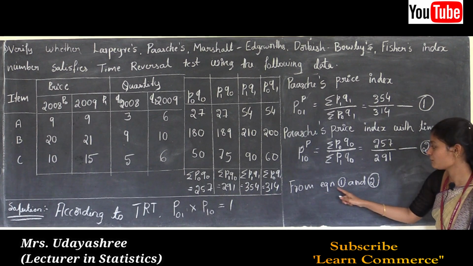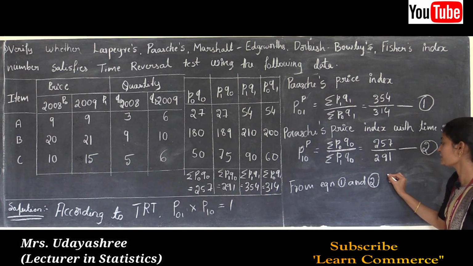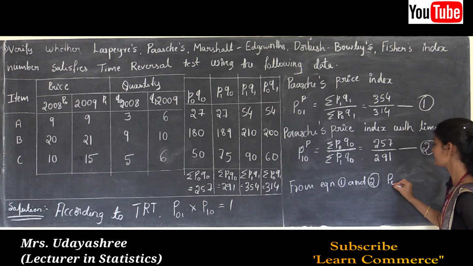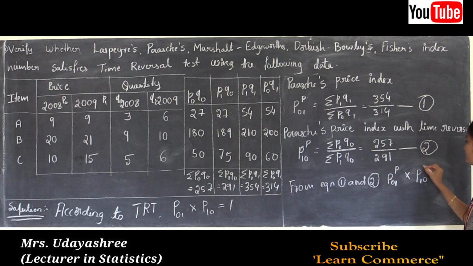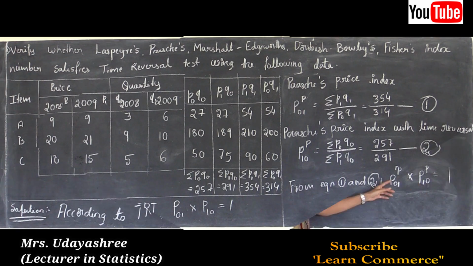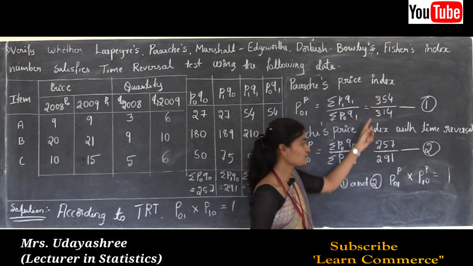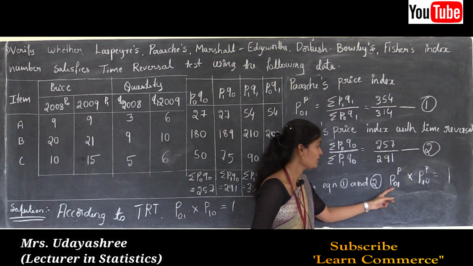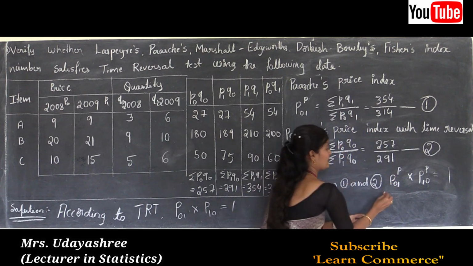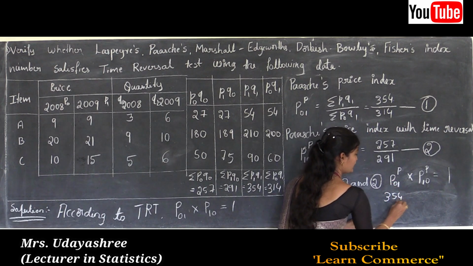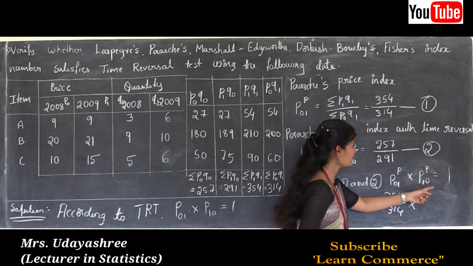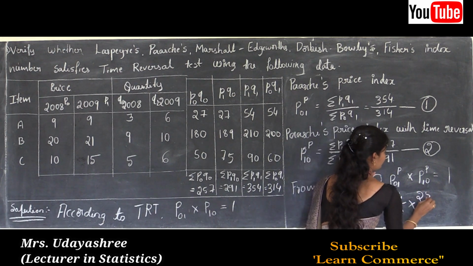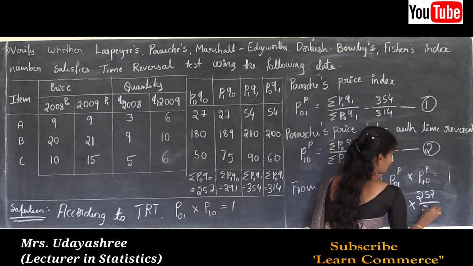Now from equation 1 and 2, the condition is P01 into P10 is equal to 1. Here now I will substitute these two values under this condition. Here P01 is 354 divided by 314 into P10 is 257 divided by 291.